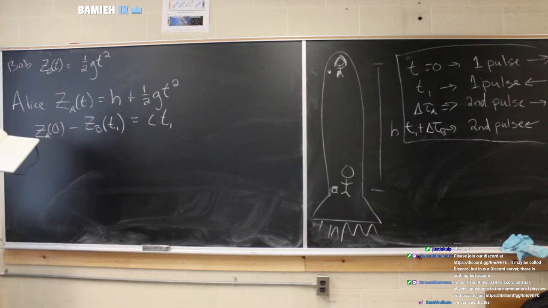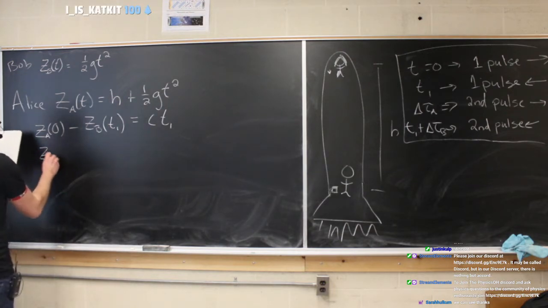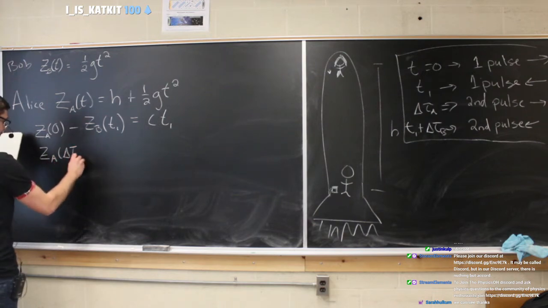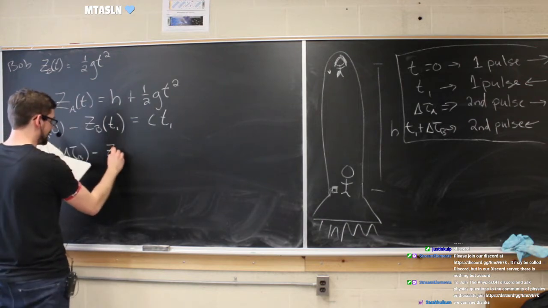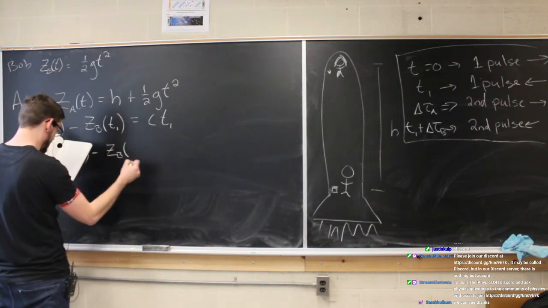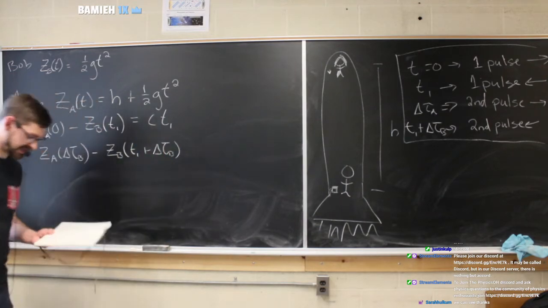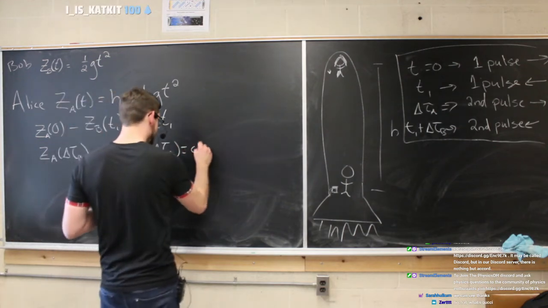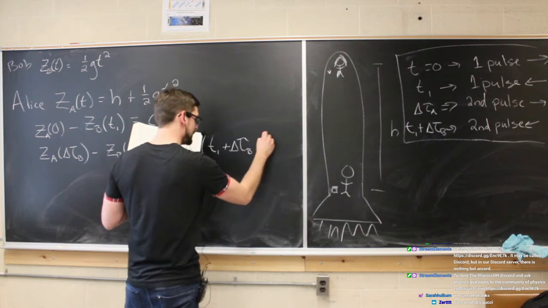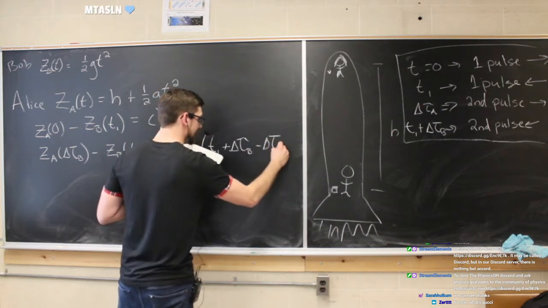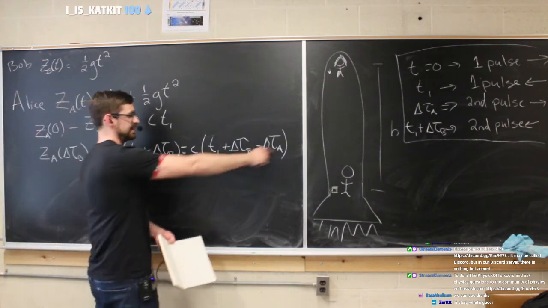Now, the second pulse is going to be given by Alice's distance at the time of the second pulse's emission, and then Bob's distance at the time t1 plus delta tau B. This is going to equal c times t1 plus delta tau B minus delta tau A. Now, not to be confused, this c is just the speed of light, and this is just a time.